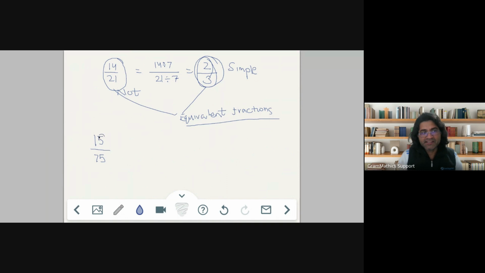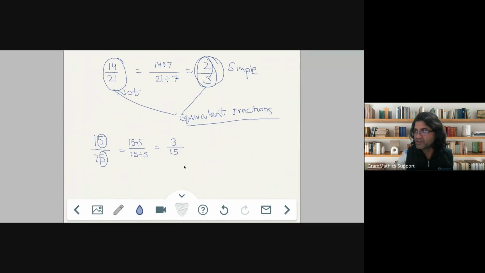The last digit is 5, which means it has to be a multiple of 5, so I divide both of them by 5 and I get 3 over 15.